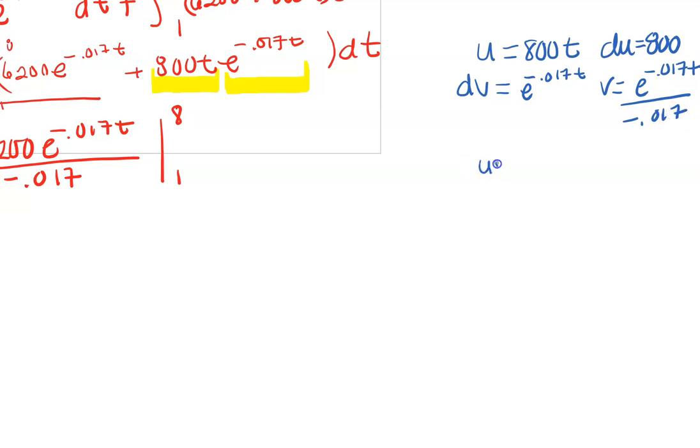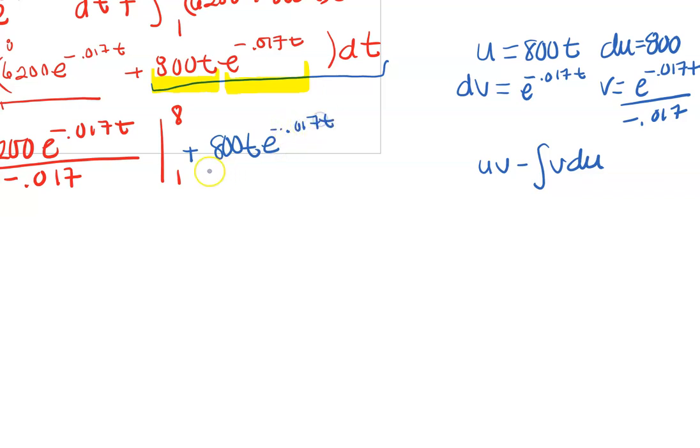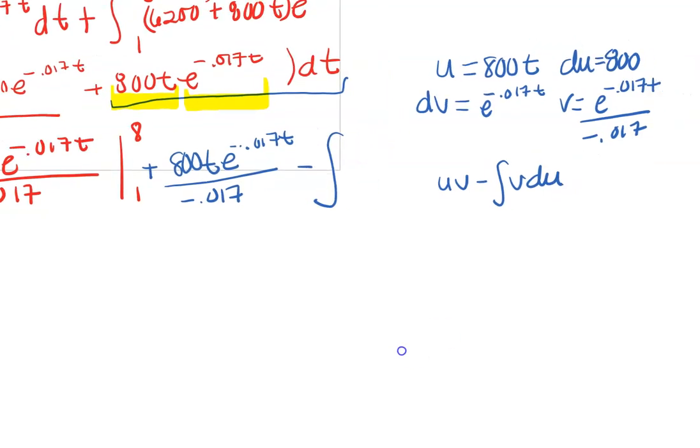So remember your formula, uv minus the integral of v du. So that's going to be plus, and again, I'm just doing this section here now, uv, so that's 800 t e to the negative 0.017 t divided by negative 0.017 minus the integral of v du.